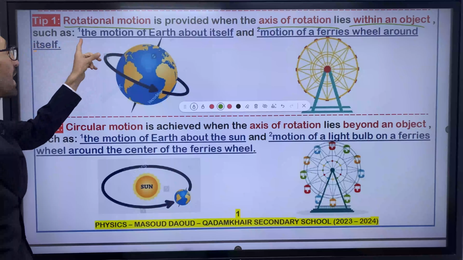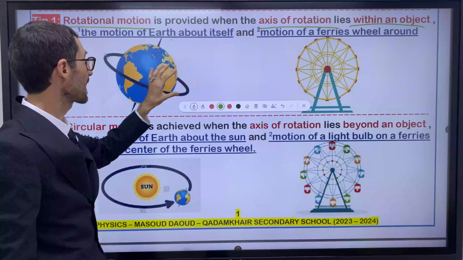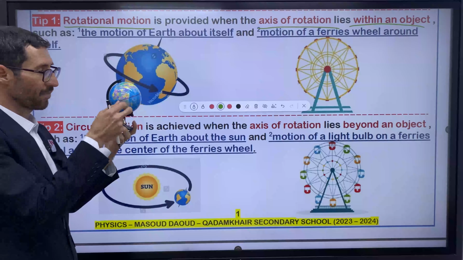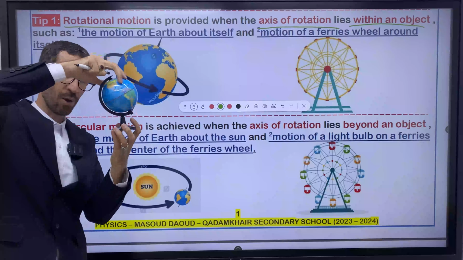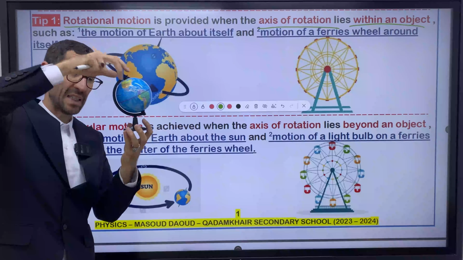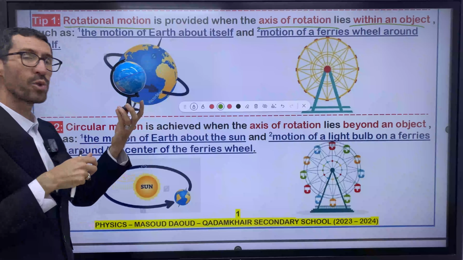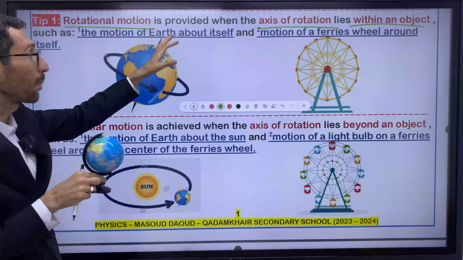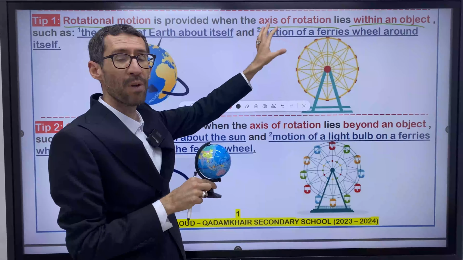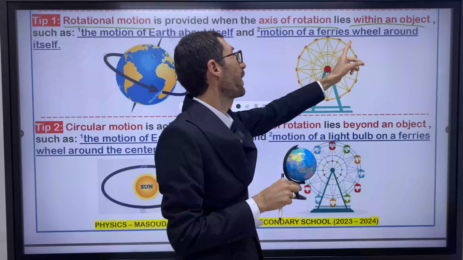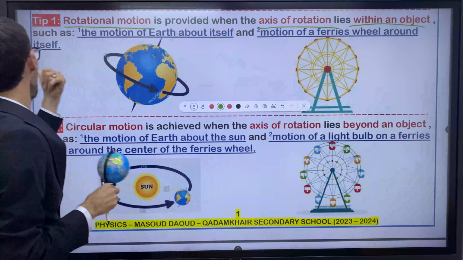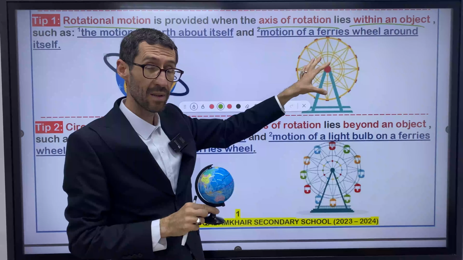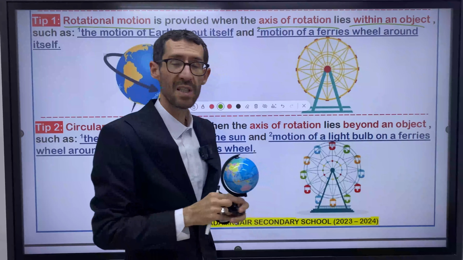Like what? Like the motion of Earth about itself. This is the Earth globe. It rotates about itself, right? The motion of the Earth about its axis is the first example of rotational motion. The second example is the rotational motion of a Ferris wheel about itself. If you take it as a whole, don't separate the parts.